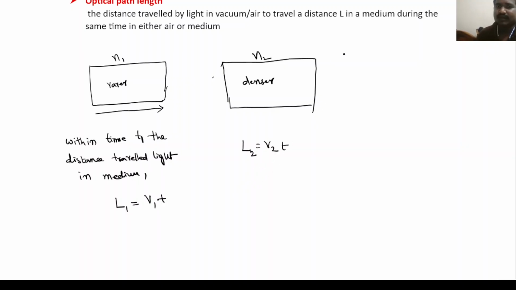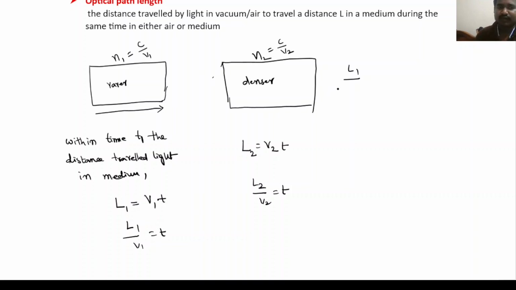Now, during the same time, you can take the time as L1 divided by V1, that is your time t, and L2 divided by V2, that is also your time t. The refractive index N1 is nothing but C divided by V1, and the refractive index N2 is nothing but C divided by V2.